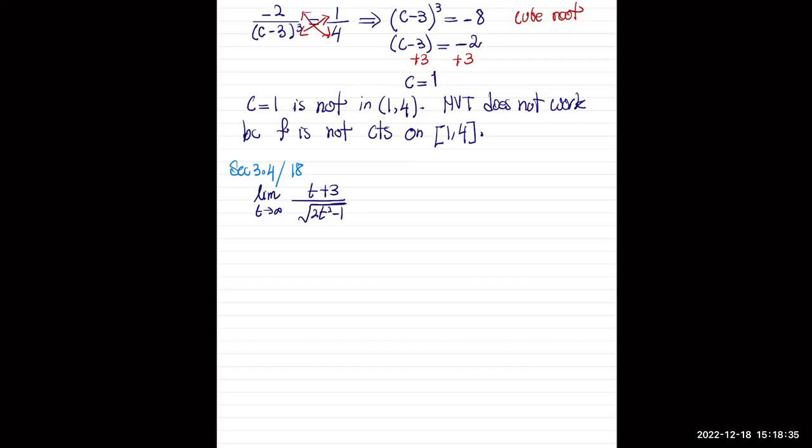The way your book and so many teachers want you to do this problem is by using a lot of algebra, factoring the t squared from within the square root, then reducing, dividing, and then taking the limit. But I don't want you to do any of that. I just want you to use leading terms.